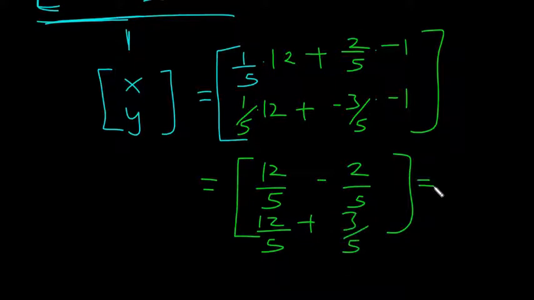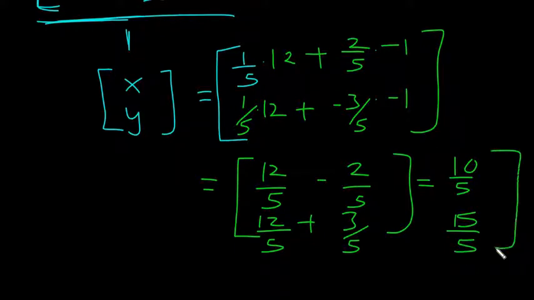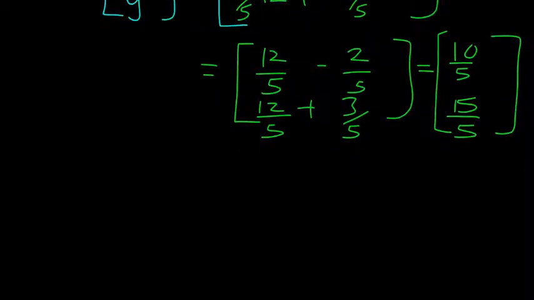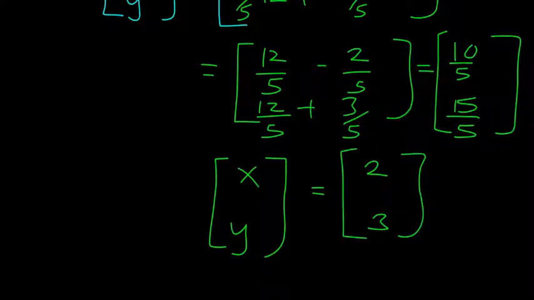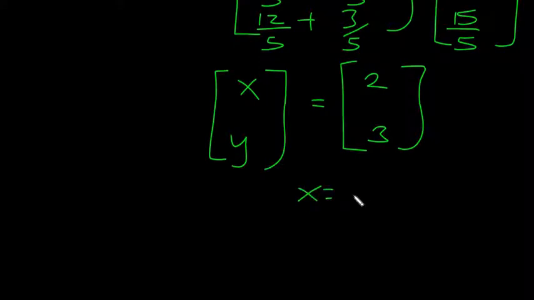So this is going to be 10 all over 5 and 15 all over 5. Okay, so x and y is equivalent to 10 over 5, which is 2, and 15 over 5, which is 3. So the value of x for this case is 2, and the value of y is 3.